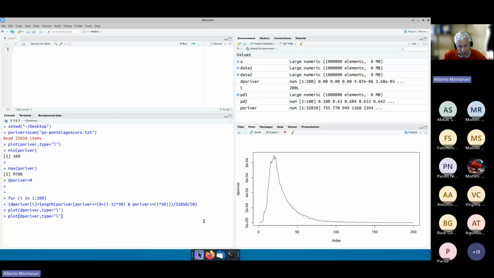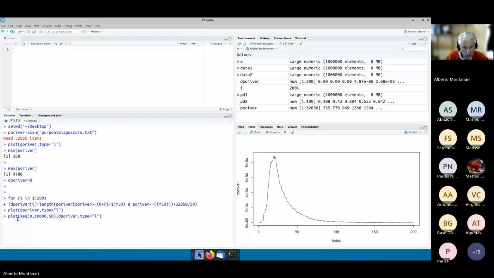So the horizontal axis is a sequence, a vector starting from 0, reaching 10,000 with a step of 50.